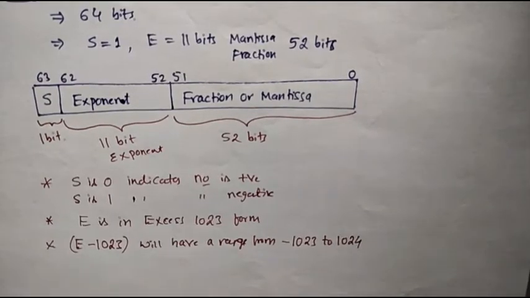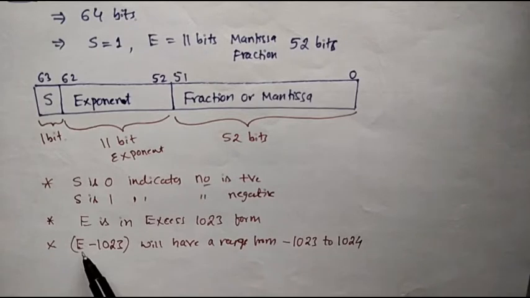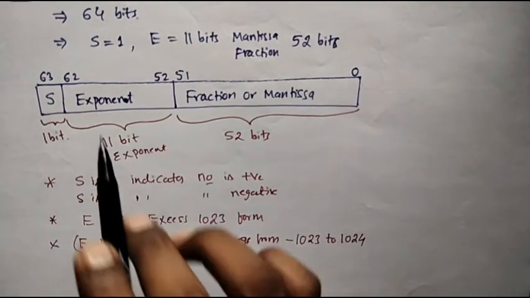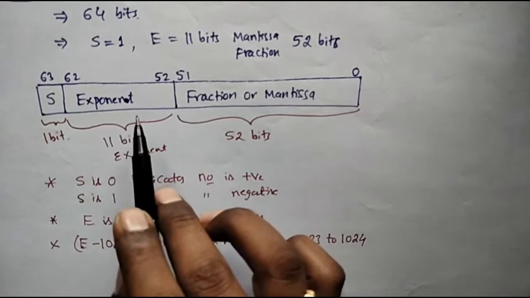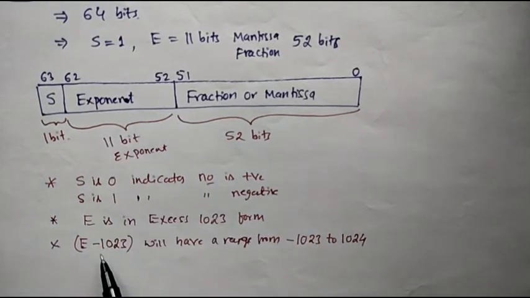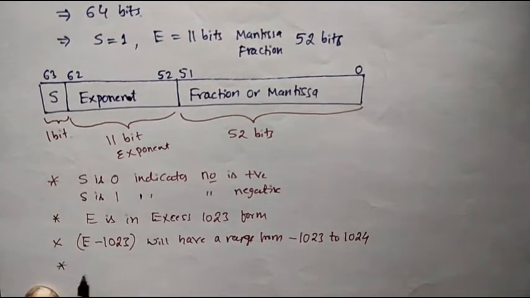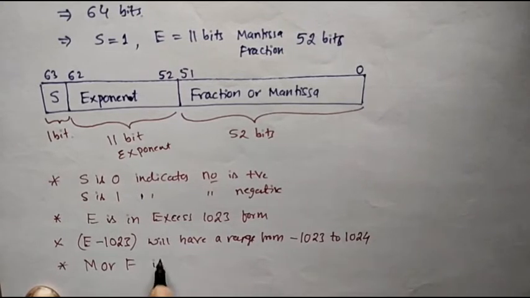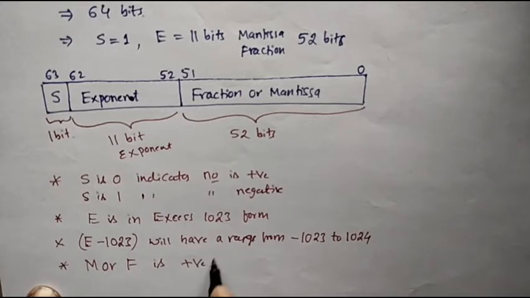If the E value is 0, the maximum negative number is minus 1023. If the E value is all ones, that is the maximum number, its decimal equivalent is 2048. If you subtract 1023 from 2048, it gives 1024. Here also the mantissa or fraction is a positive binary.